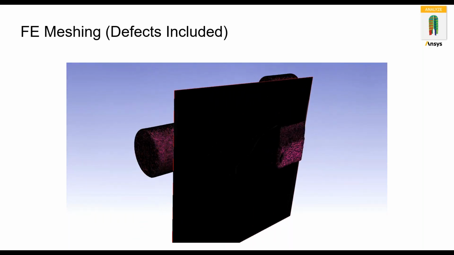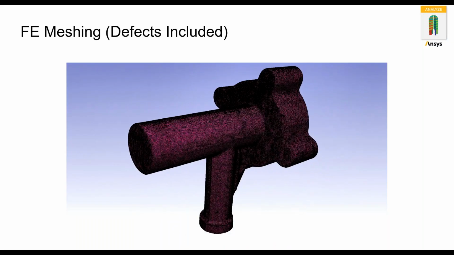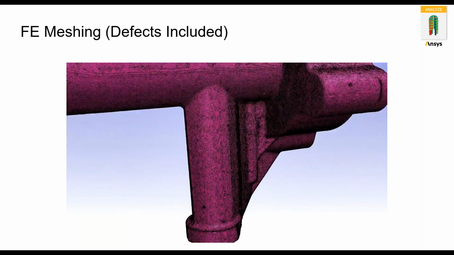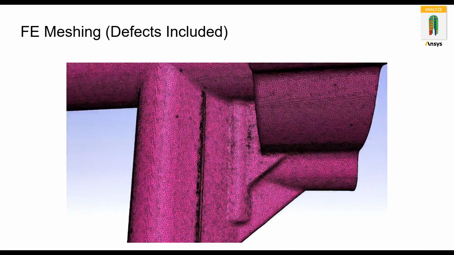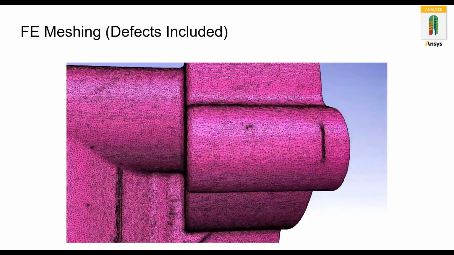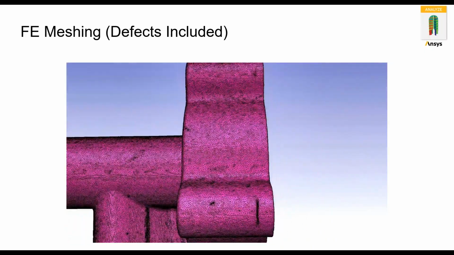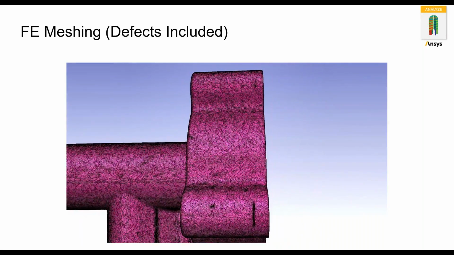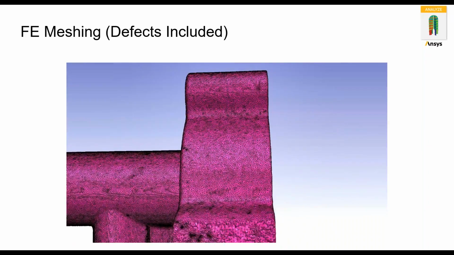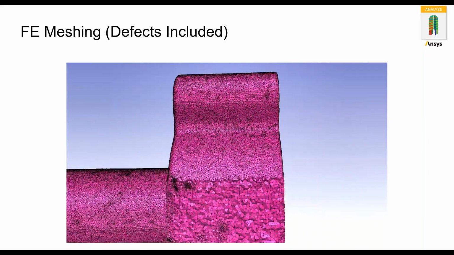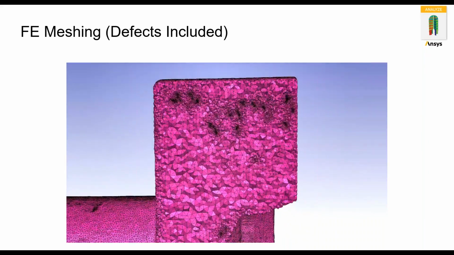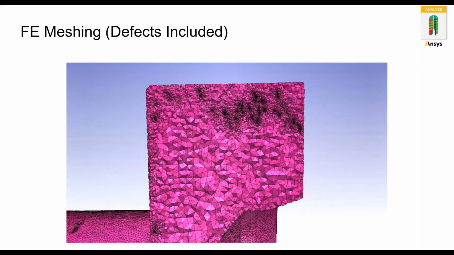The way we would do that is, when we are doing our segmentation, we would make sure that we include the defects and the pores in the actual segmentation so that they would be incorporated in the meshing. And the way the Simpleware mesher is designed, it will conform the mesh to account for, as you can see here, all these little defects.